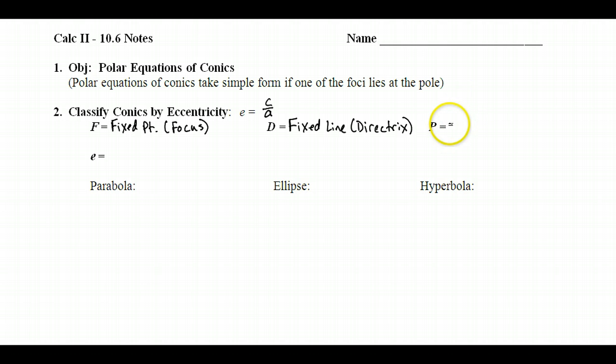And then P will be any point on the graph. And we have to be able to identify these. So we have our fixed point, our focus point, which will be at the pole. D is our representative of our directrix, which is a fixed line, and P can be any point on our graph.